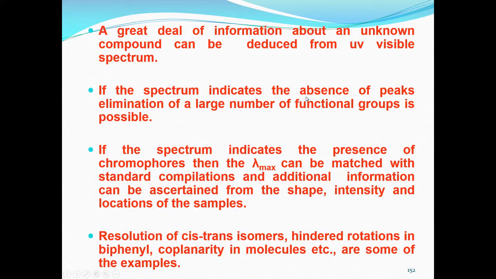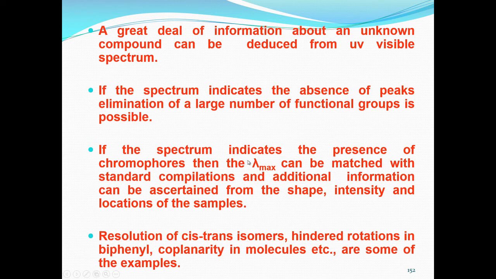If you see only 1 or 2 peaks, how many peaks do we expect normally? Sigma to sigma star, n to sigma star, pi to pi star, n to pi star, only 4 peaks. So, if there are no peaks like that, then it could be something like a hydrocarbon. So, from the absence of peaks, we can always say that many functional groups are not there. If the spectrum indicates the absence of peaks, elimination of a large number of functional groups is possible. It follows, is it not?